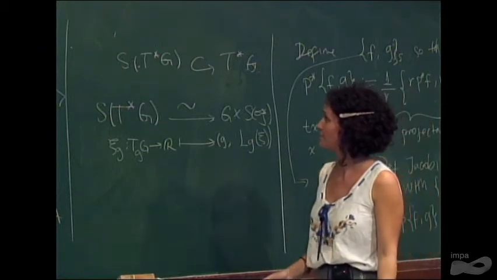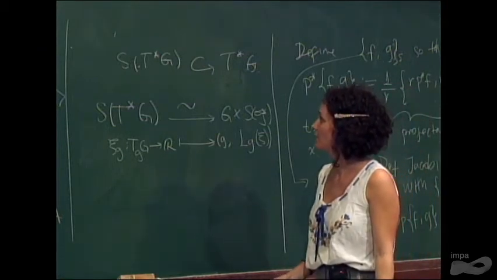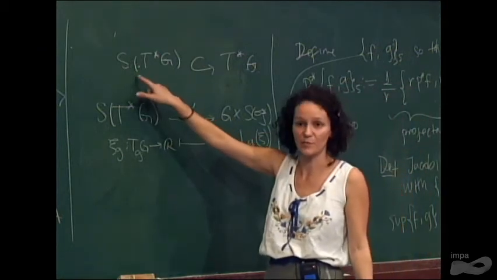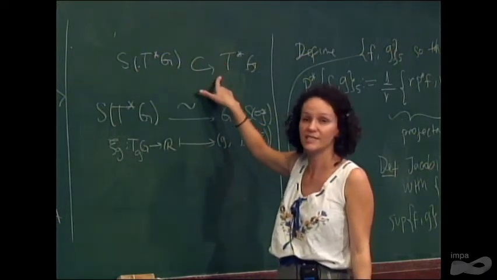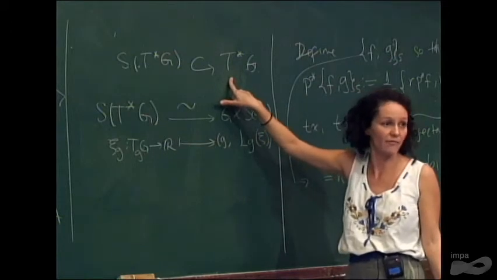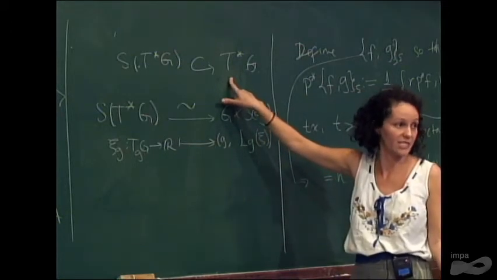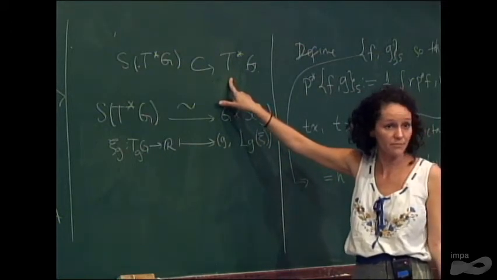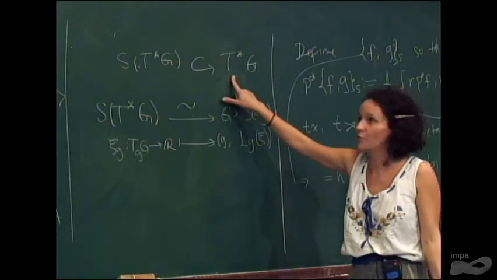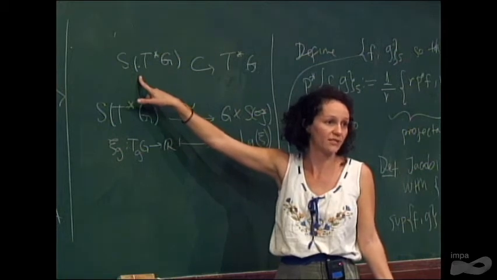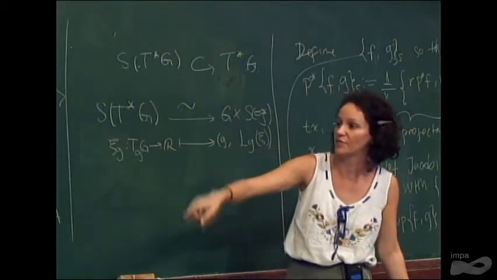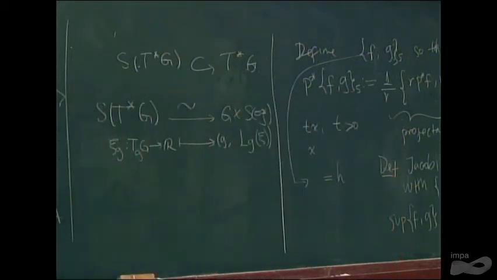Okay, but the reason why I consider this space, seeing it as a submanifold of T star G, is that here I have a canonical one form, which is the Liouville one form. And actually, the Liouville one form restricted to the sphere will become contact. Okay, so you have this non-degeneracy condition when you restrict that form on the sphere.